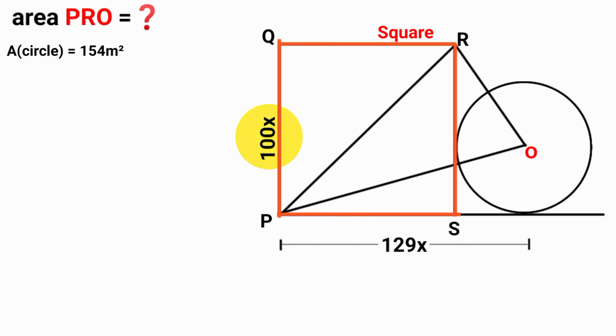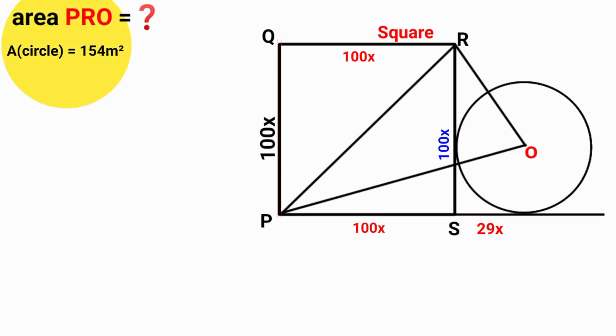So since this is 100x, this, and this must also be 100x in length. But the whole length of this line segment is 129x. So since this segment is 100x, this must be 129x minus 100x, which is 29x.